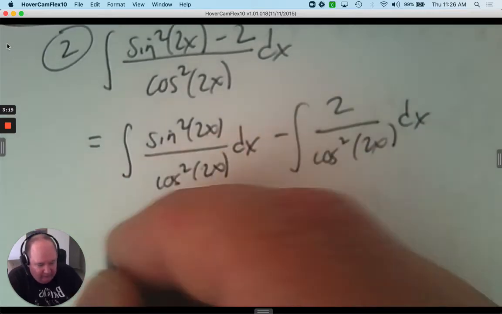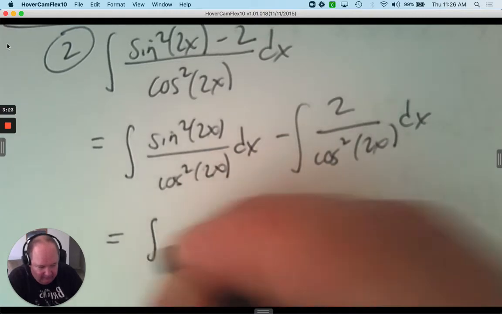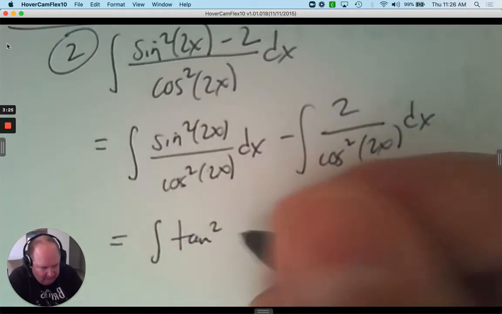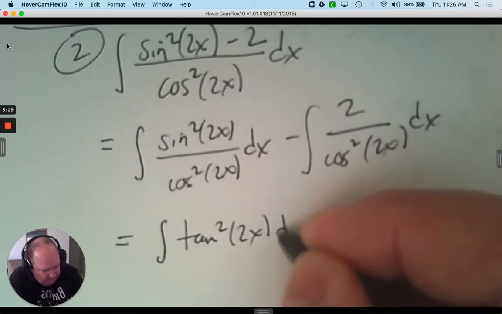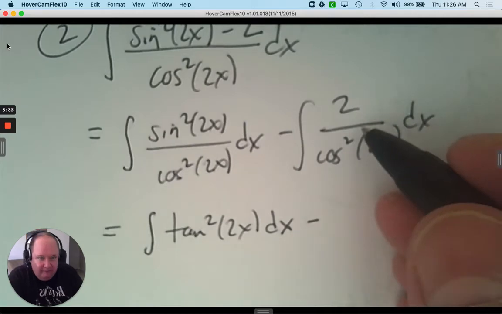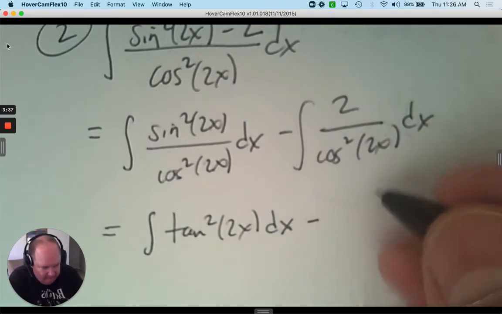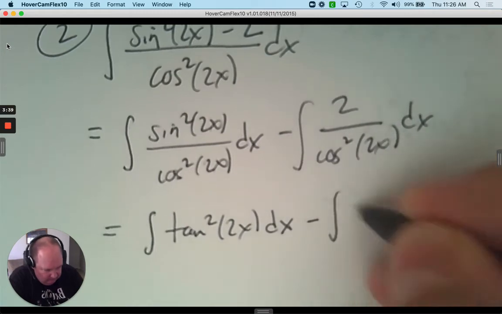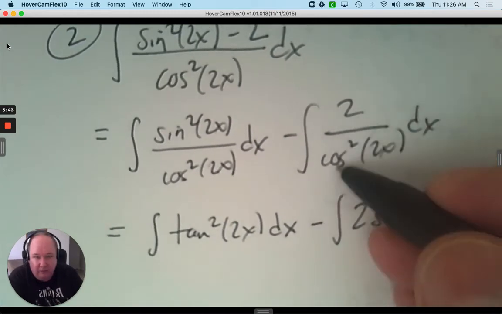Sine over cosine is a trig identity formula. That's just tangent, so this is tangent squared. The second one is 1 over cosine squared. That's secant squared. So the reciprocal of cosine is secant.